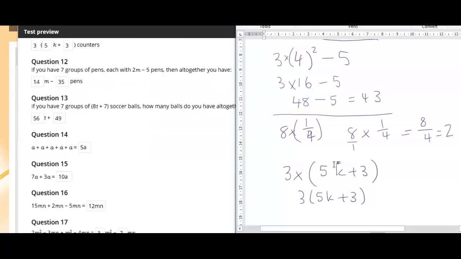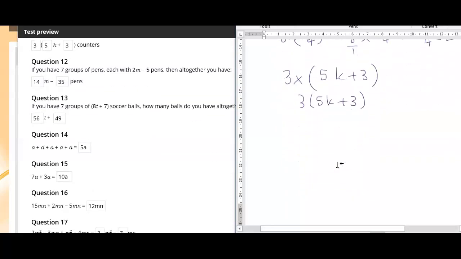All right, question 12. If you have 7 groups of pens, each with 2m minus 5 pens, altogether you have, so we've got 7 times, and then in brackets, 2m minus 5. Now this time they've expanded the bracket, so when we expand, the 7 is multiplying that 2m, and also that negative 5.